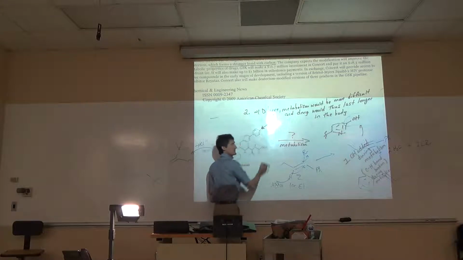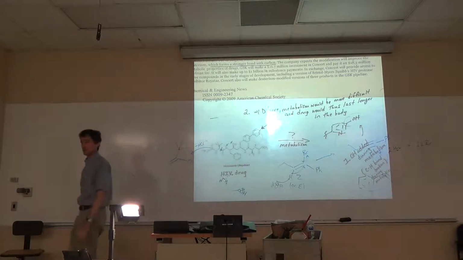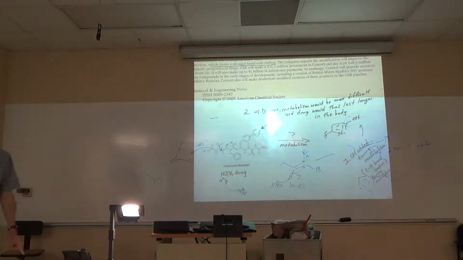Put a deuterium here instead of an H. As long as when your body does this, there's some mechanism going on, if the C-H bond is broken in the rate determining step, by making it a C-D bond, it's going to slow down that step. Keep the metabolism from happening this quickly, making the original drug last longer in your body, making the effect last longer.